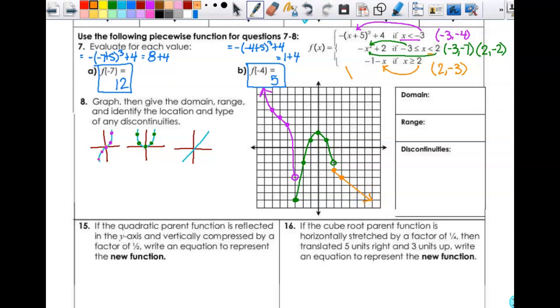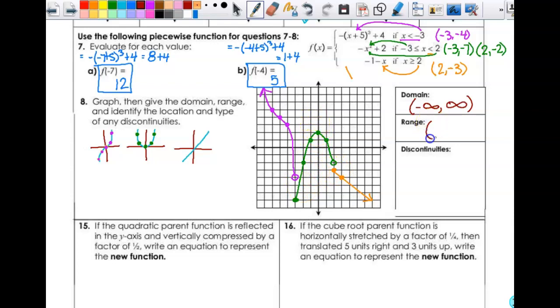Okay. So my domain. I start out here clearly at -infinity. As I go, okay, there's no x value here, but it gets taken care of there. So all those x values are taken care of. Same thing here. I'm going all the way to infinity. My range is going to start down here at -infinity. I check my holes and stuff and make sure all the y values are accounted for.